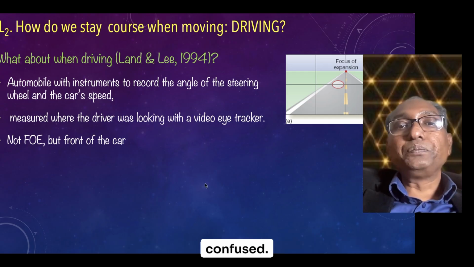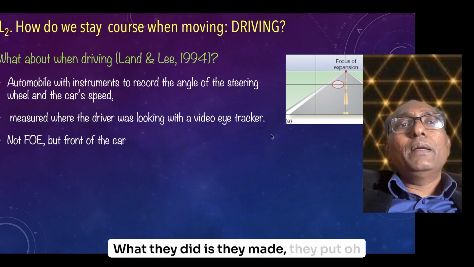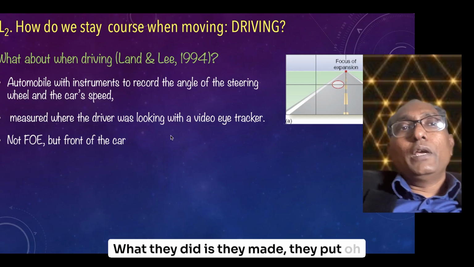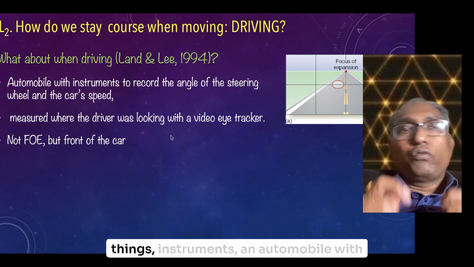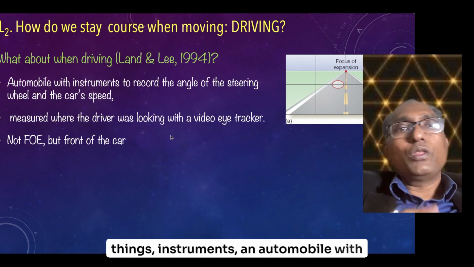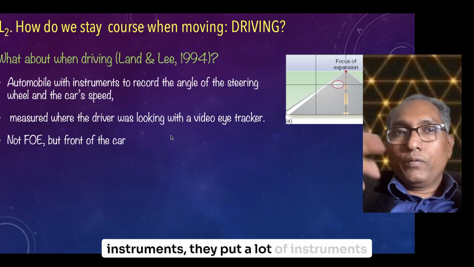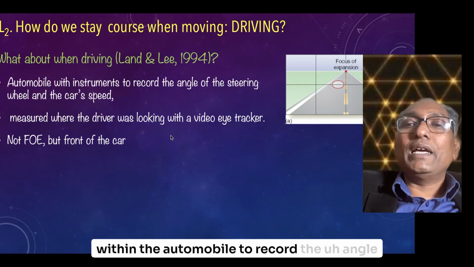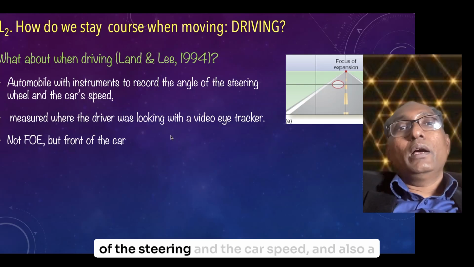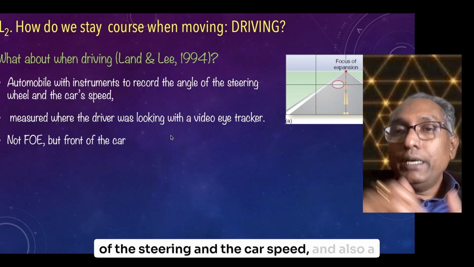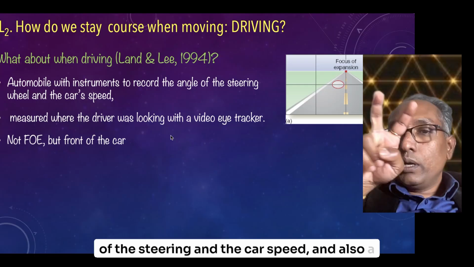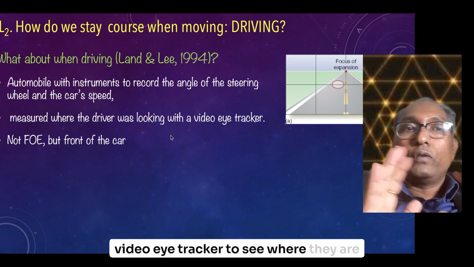So don't get confused. What they did is they put a lot of instruments within an automobile to record the angle of the steering and the car speed, and also a video eye tracker to see where they are focusing.